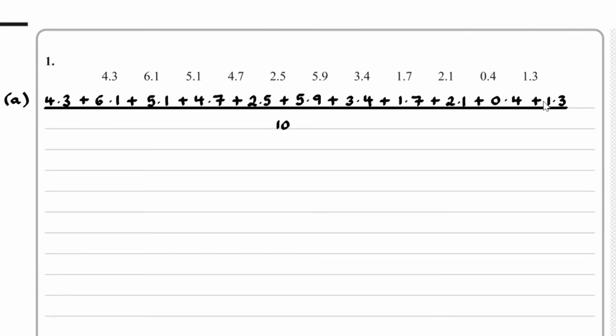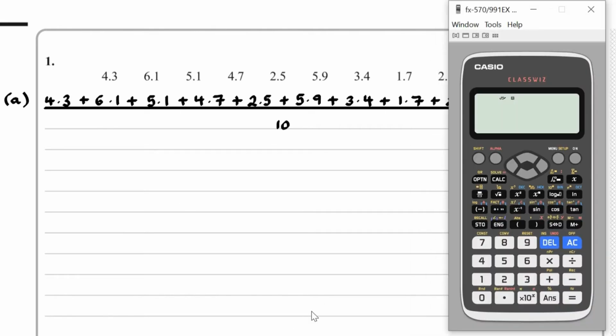And so if we work out this calculation, well, we have 4.3 plus 6.1 plus 5.1 plus 4.7 plus 2.5 plus 5.9 plus 3.4 plus 1.7 plus 2.1 plus 0.4 plus 1.3.